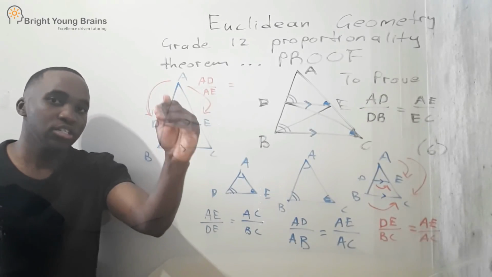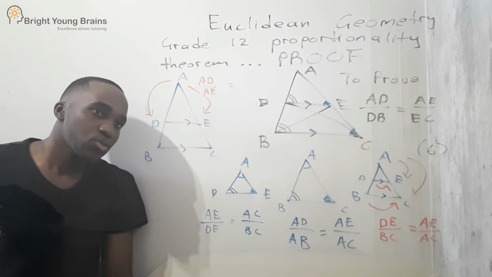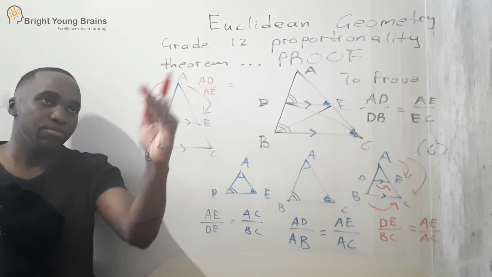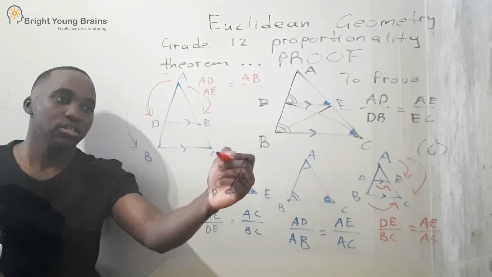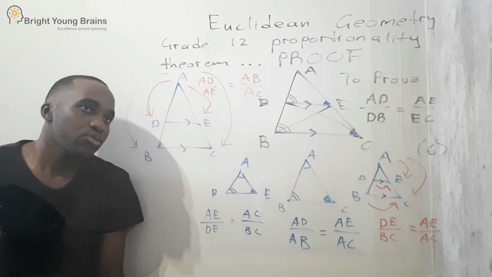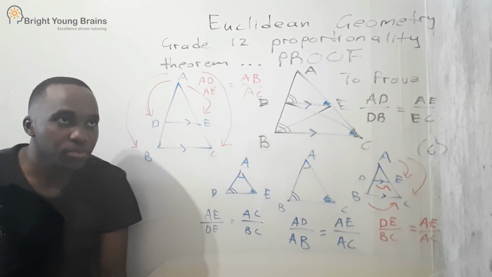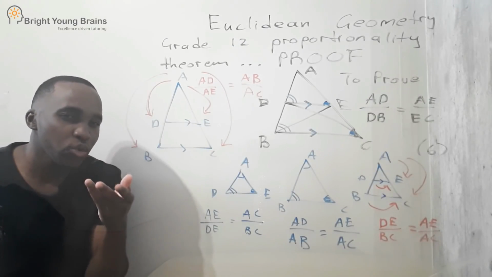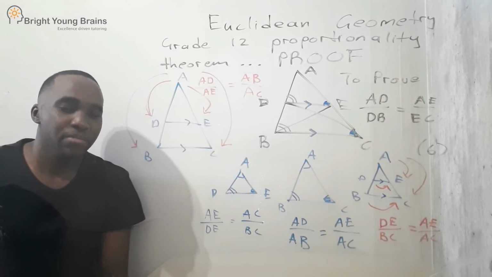AD over AE is equal to, well, in this case, it would have to be AB for the big one, right? Over AC. There we go. I was trying to make this a bit difficult, but it's even hard to make it difficult because as long as you see that we're just working with the triangles and how they are related, it makes things easier.